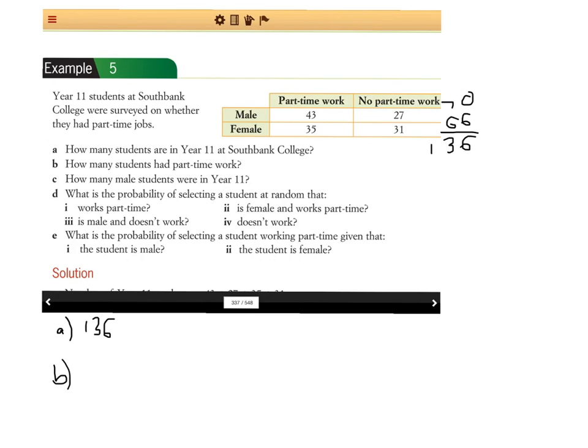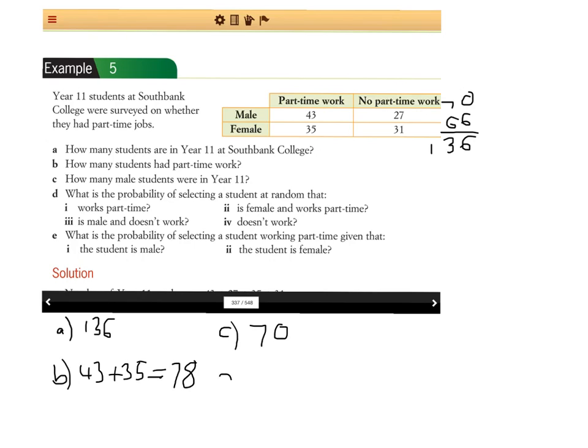Part-time work is the total of this number 43 and this number 35. 43 plus 35 equals, you got it, 78. So there's a total of 78 students who had part-time work at this school. Question C. How many male students were in Year 11? That's already done. 70.